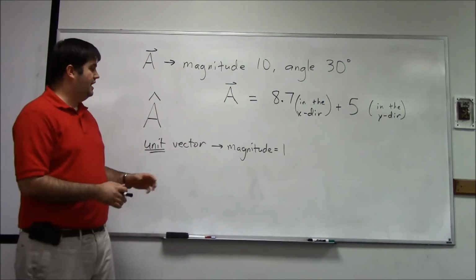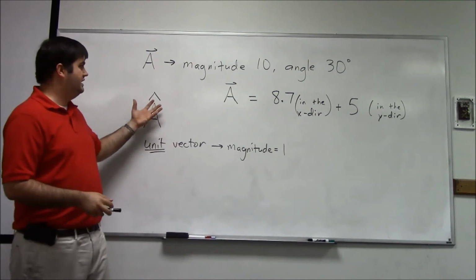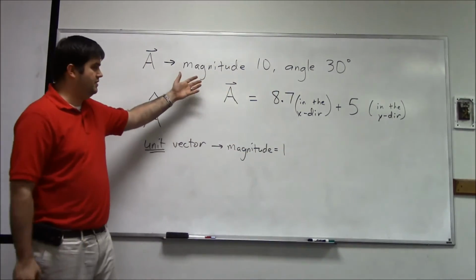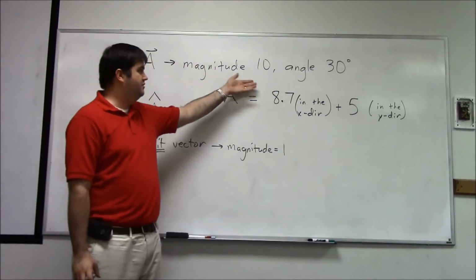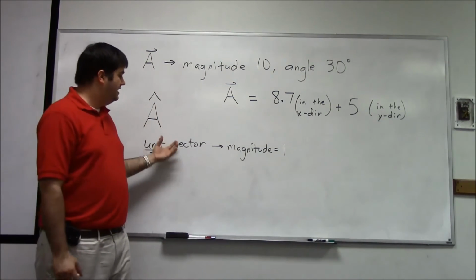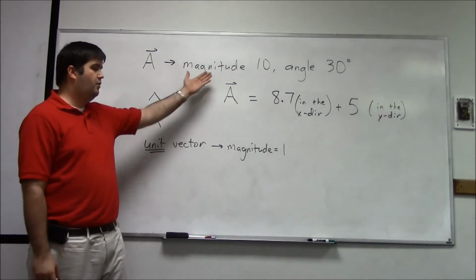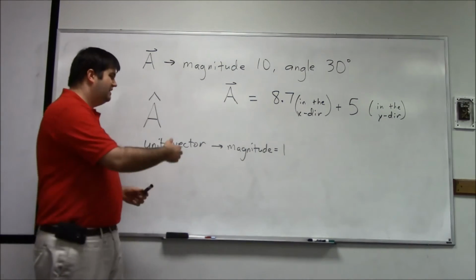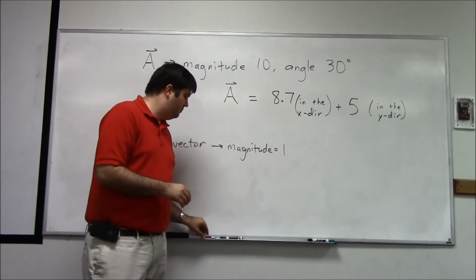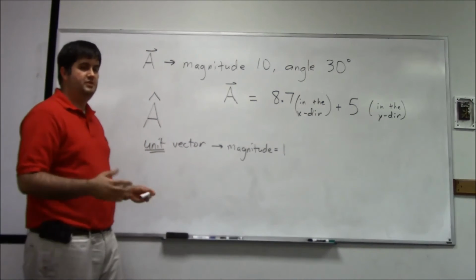The reason for that is so we can essentially break apart the magnitude and the direction of the vector separately if we needed to. The magnitude, 10, is an easy number to write down, but this kind of a hat is a shorthand for representing pointing in a particular direction. Now that's not always incredibly useful. What's most useful is when we do that for vectors whose directions we use a lot.